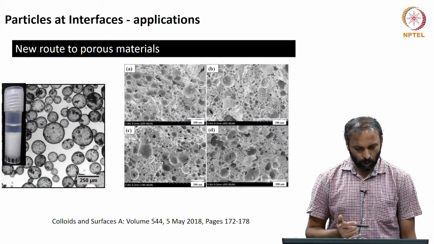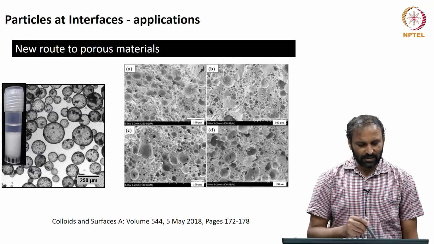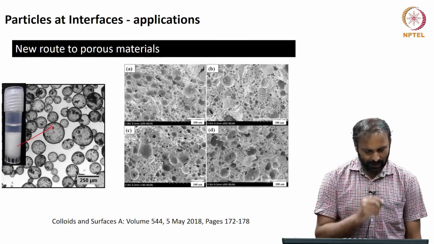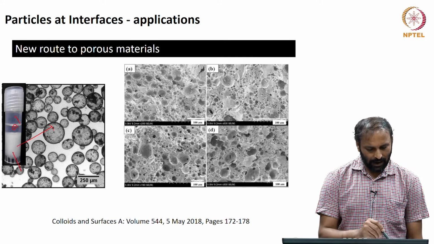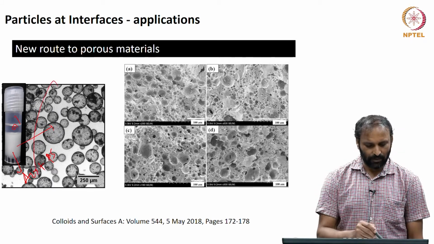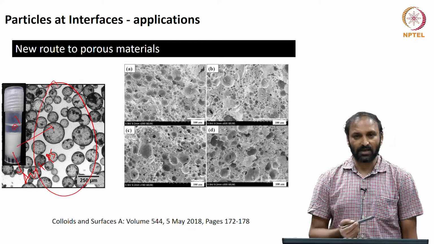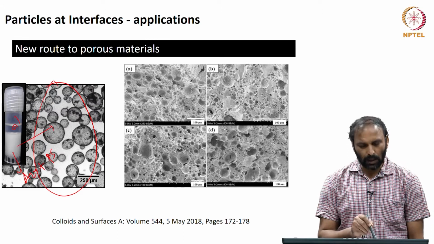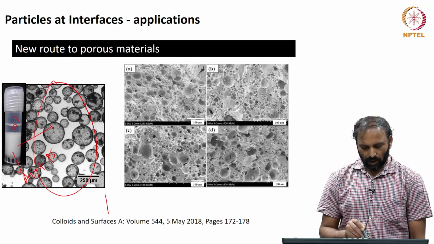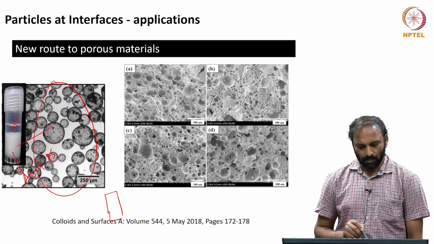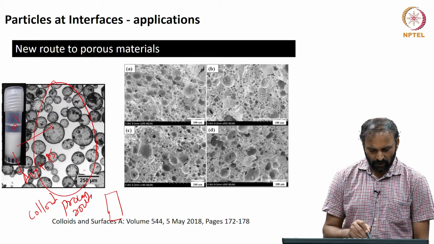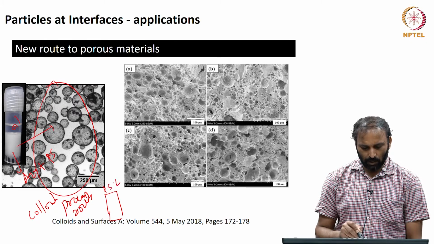And just to make a final note, about these particle stabilized emulsions, what you are seeing here is a container where you have an oil and aqueous phase with polystyrene particles, and this was emulsified to get a particle stabilized emulsion, and one could start with such emulsions as a starting material and use what is called a colloidal processing route, in which you make a particle stabilized emulsion.